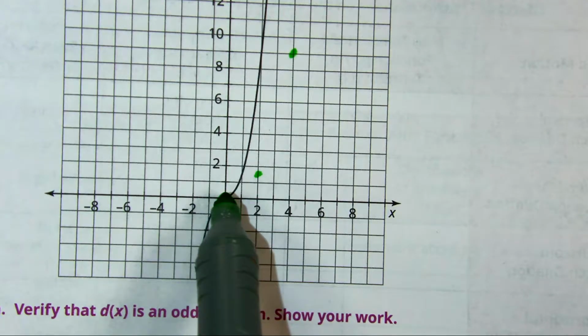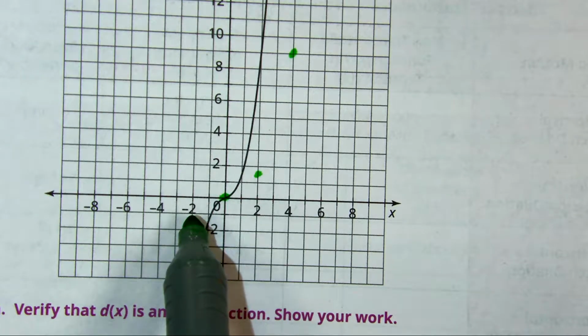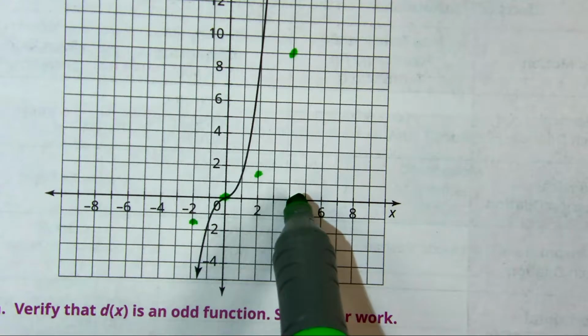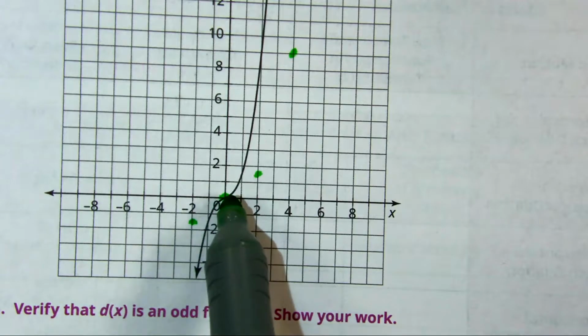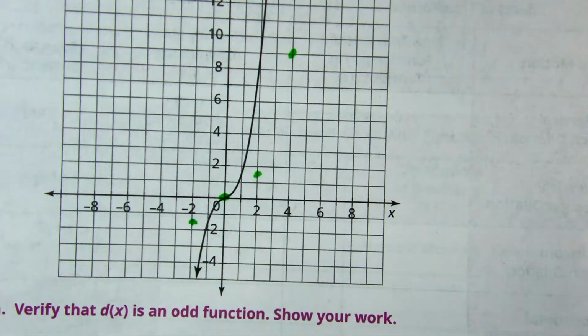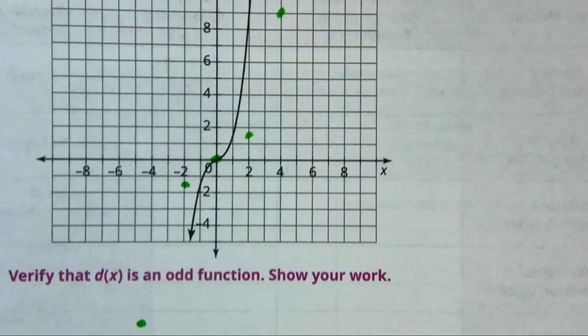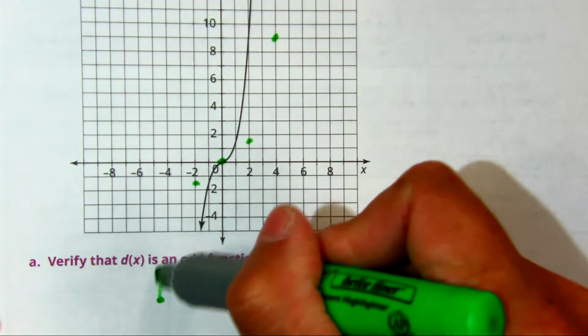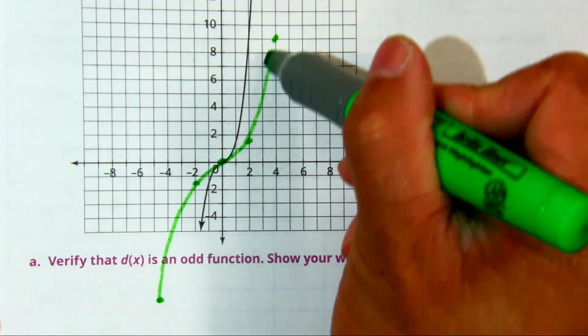Left 2, down 1.5. Instead of going right 4, up 9, where am I going to go? Left 4, down 9. Now 9 is not actually on the graph. And this is what my graph looks like.